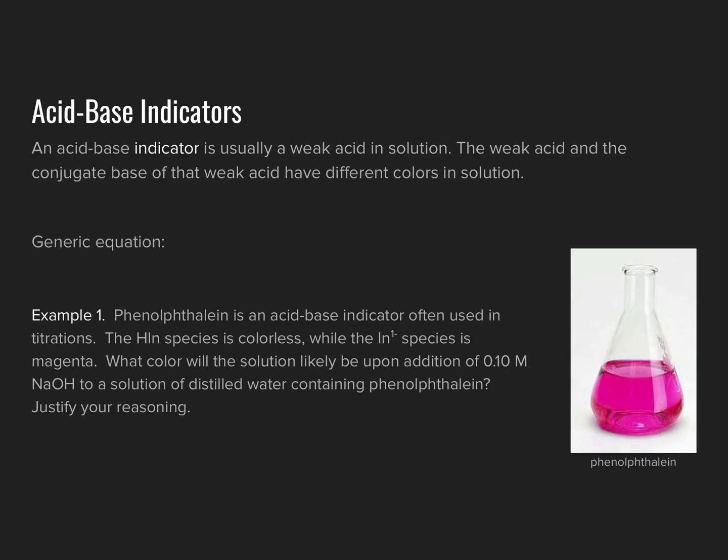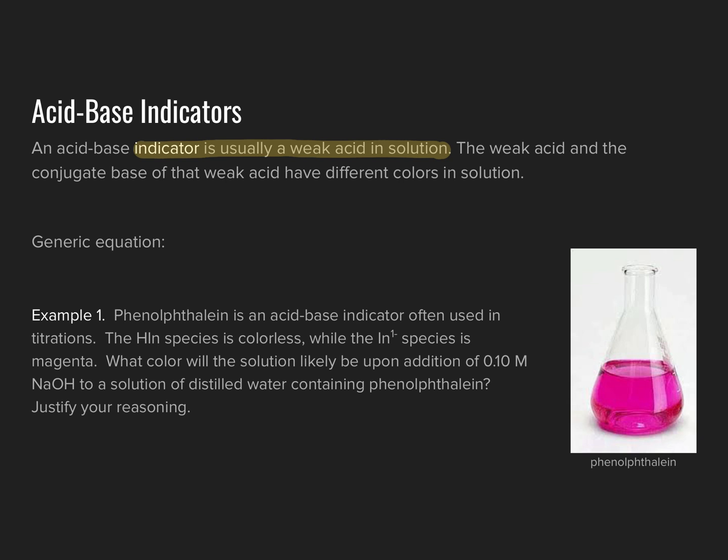All right, to begin our discussion of indicators, recognize that you have seen the use of acid-base indicators in your previous experiment during your first year of chemistry, in which we did an acid-base titration. In particular, during that titration, we used the indicator phenolphthalein. Indicators like phenolphthalein are generally composed of a weak acid which is present in solution.